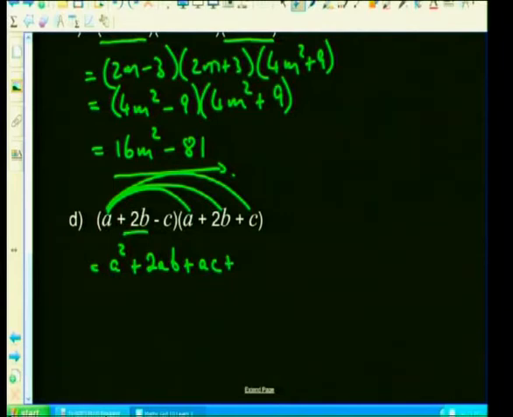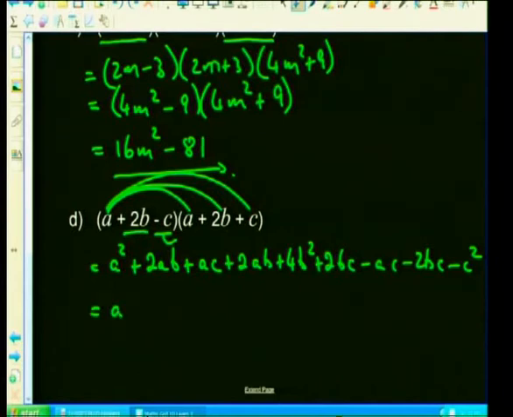So I'm going to get my plus 2ab and my plus 4b squared and my plus 2bc. And then my minus c is also going to have to be multiplied by all three. So minus ac, minus 2bc, and minus c squared. And that's quite laborious, and I'm sure you agree with me.